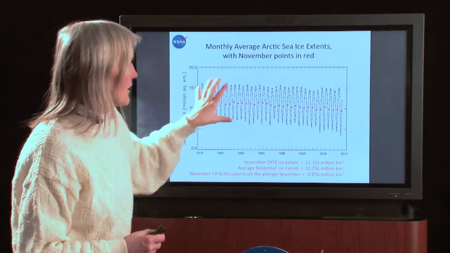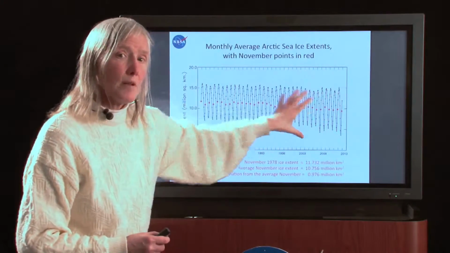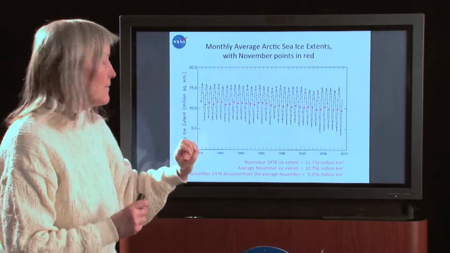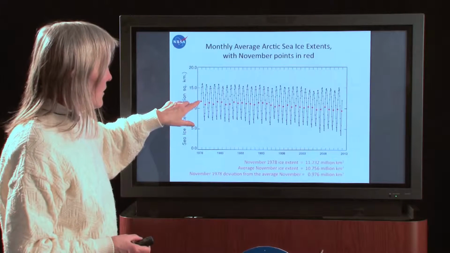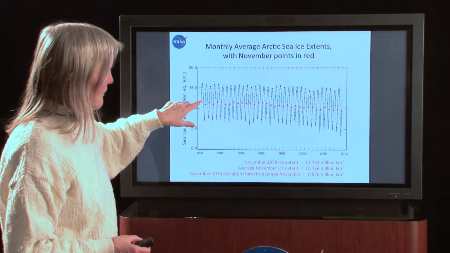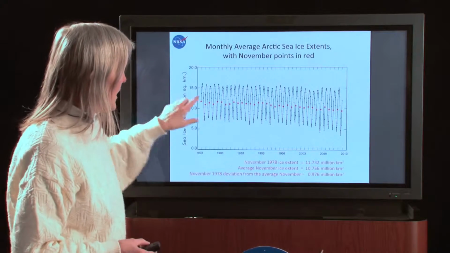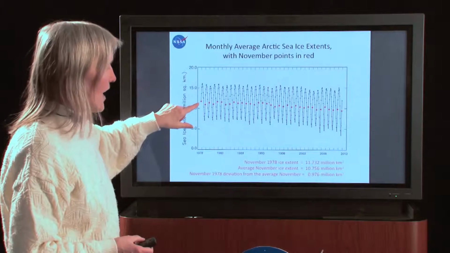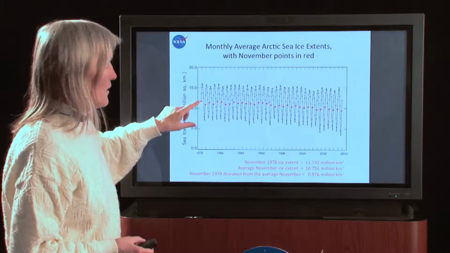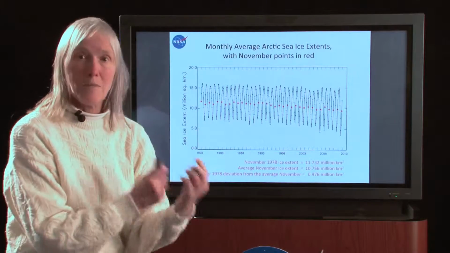Now we're going to retain the same number of points, but we're going to remove the seasonal cycle by, instead of plotting the first point, November of 1978, as a monthly average like we do here, turning it into what's called a monthly deviation.